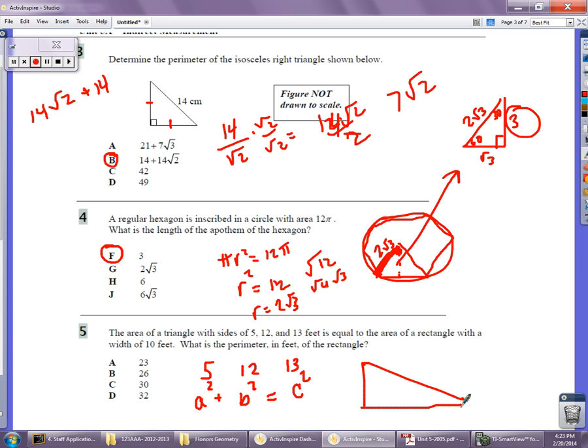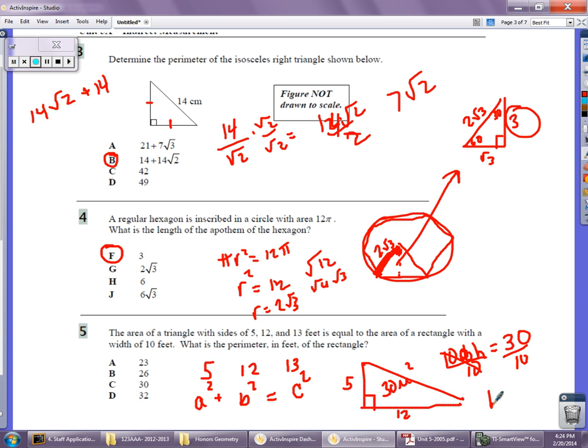And if it's a right triangle, we actually can use the 2 legs as the base and the height. So this triangle has an area of base times height divided by 2, which is 60 divided by 2, which is 30 units squared. And if we know that a rectangle is base times height, and we know it equals 30, and the width, or the height, or the base, is 10, the height of it would have to be 3.